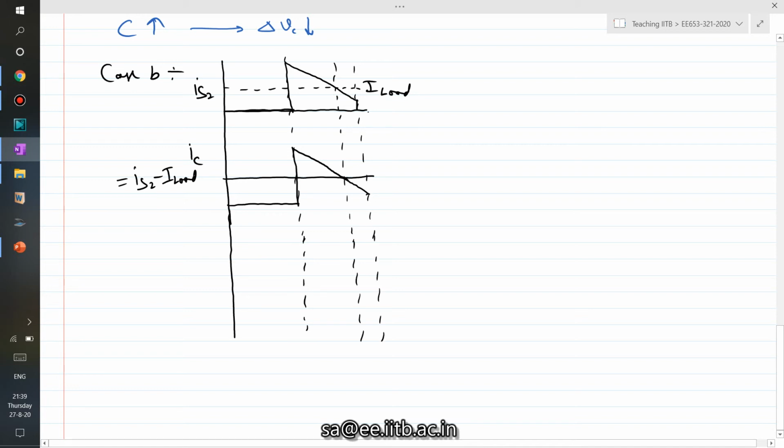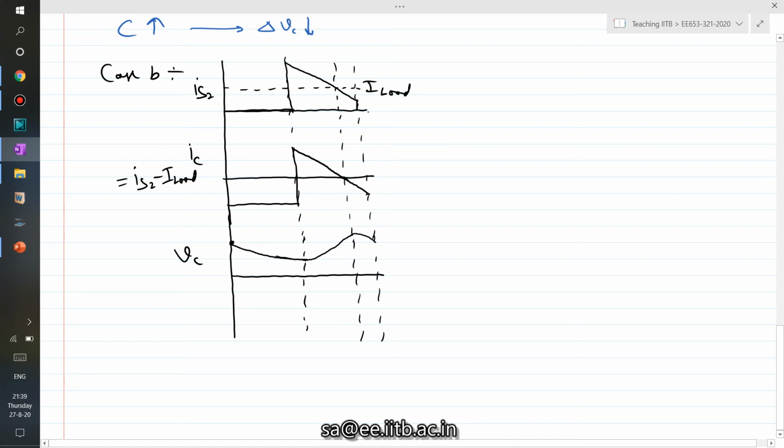Let's also draw the capacitor voltage Vc. Right now, let's say it starts from a point. The capacitor current is negative, so Vc is falling. Then the capacitor current is positive, so Vc rises up. Again, capacitor current is negative, so again it falls.